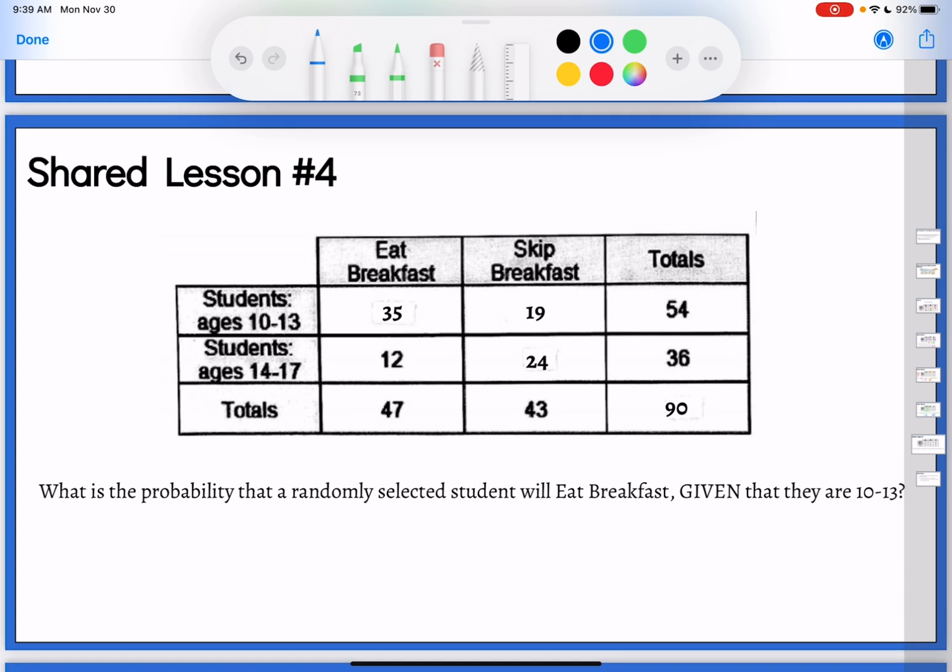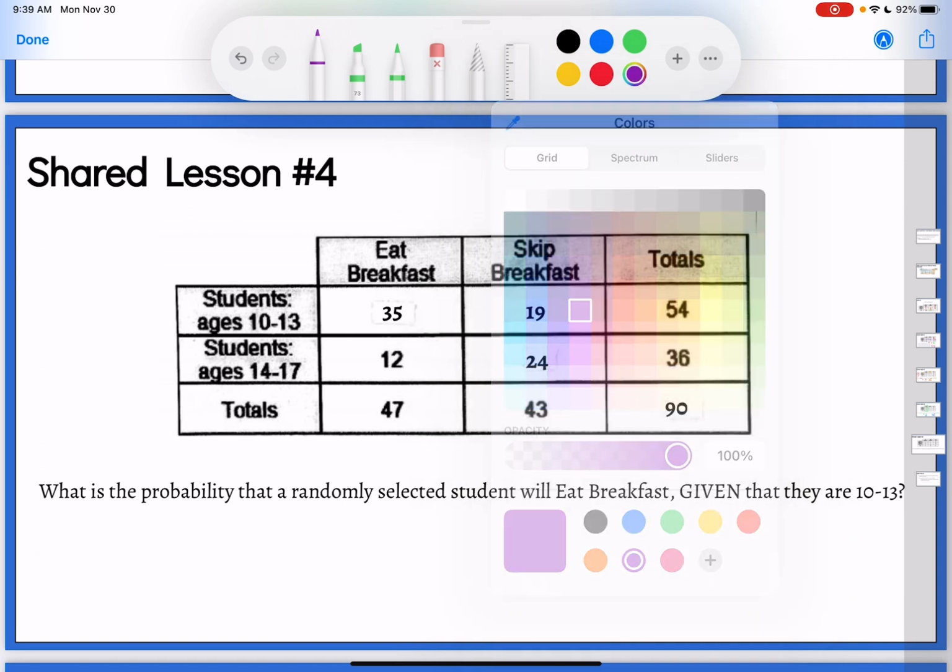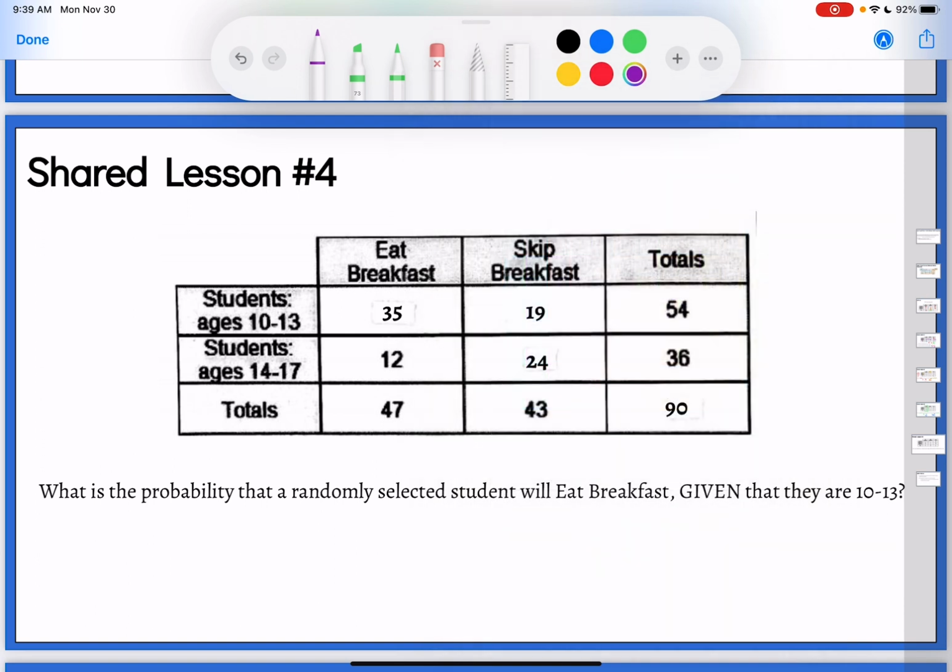All right, we got one more here. This one says, what is the probability that a randomly selected student will eat breakfast given that they are 10 to 13? Why don't you pause your videos and see if you can figure this one out. All right, so again here, finding probability, we are given that they are 10 to 13, so we already know that.